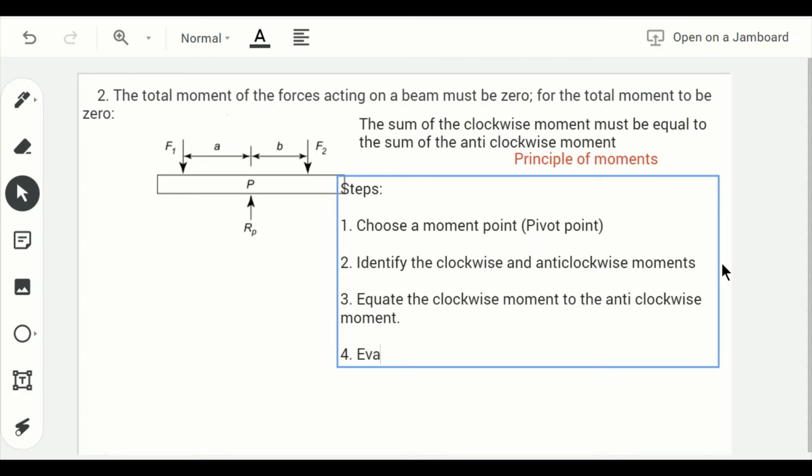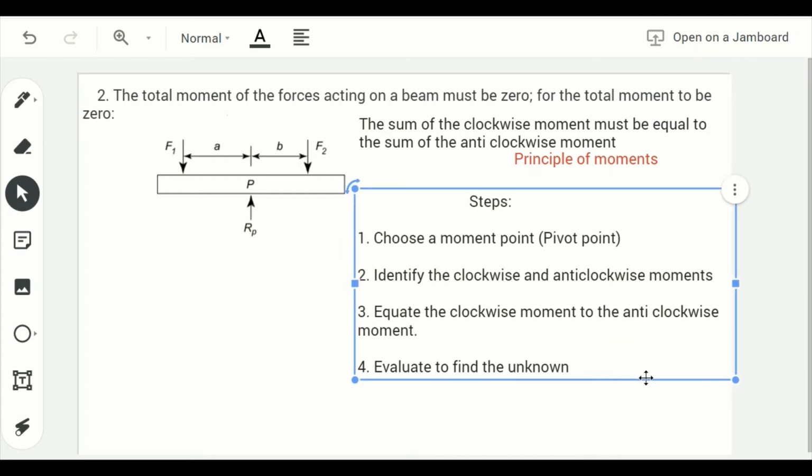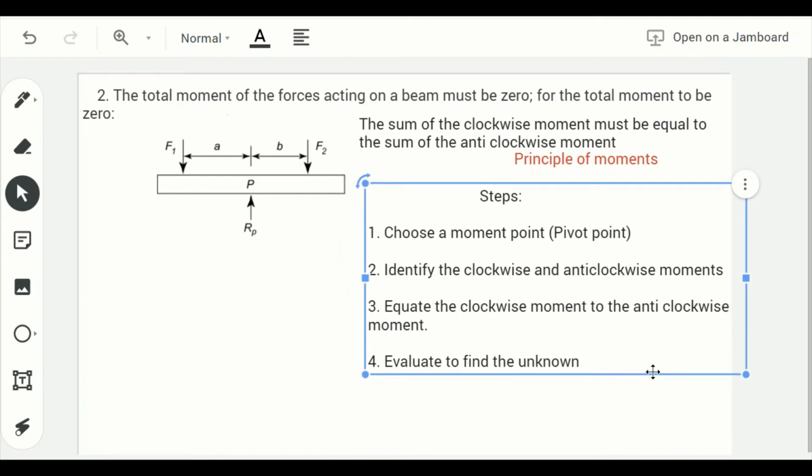We can evaluate to find the unknown. So guys, these are the steps that we can use to solve for moments using the second condition. These are very, very important. I want you guys to listen very closely.